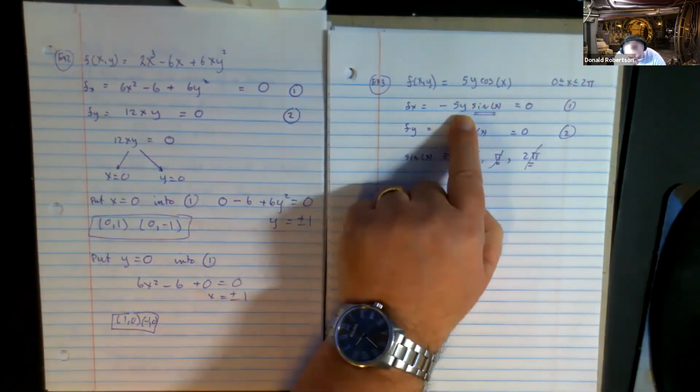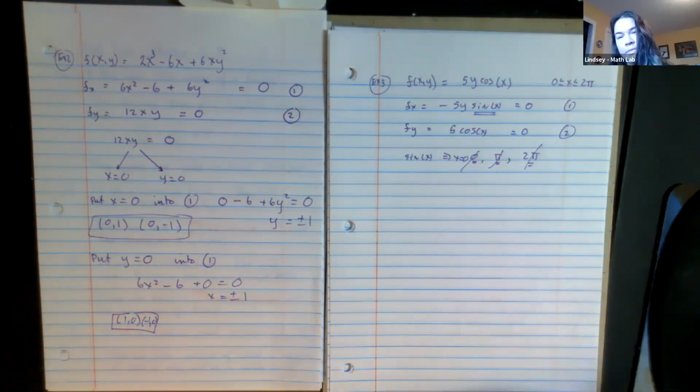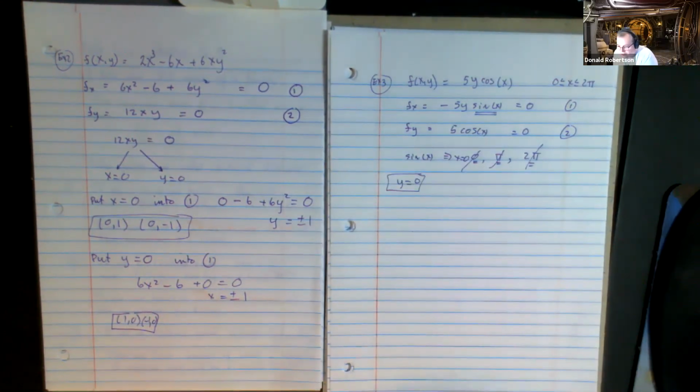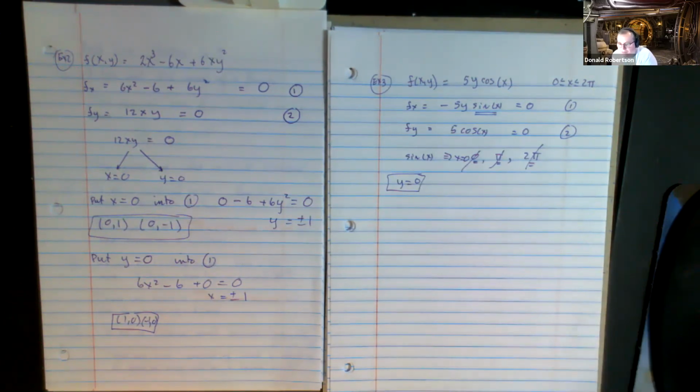If I return to this one, couldn't y be 0? Yes. Now, I don't have anything to compare y with, so that makes life easy. That means y has to be 0. So whatever the x is, it's going to be (0, 0), it's going to be (pi, 0), right?